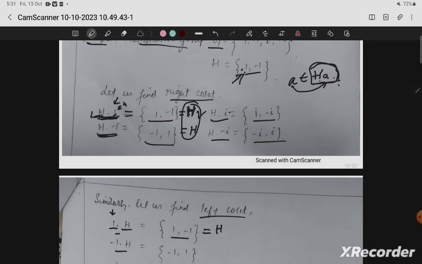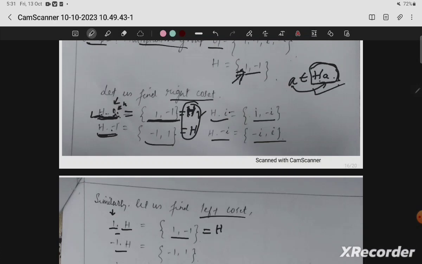So let's say h into 1 gives us this result, and this 1 belongs to H, which is satisfying.